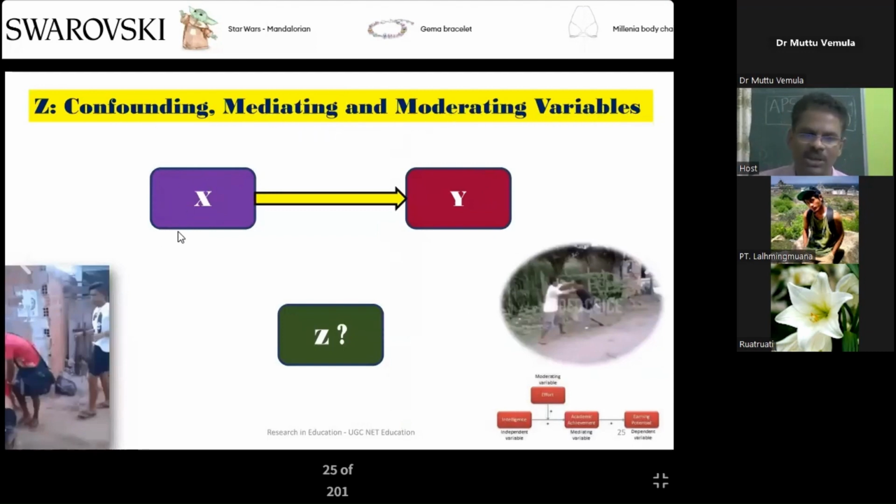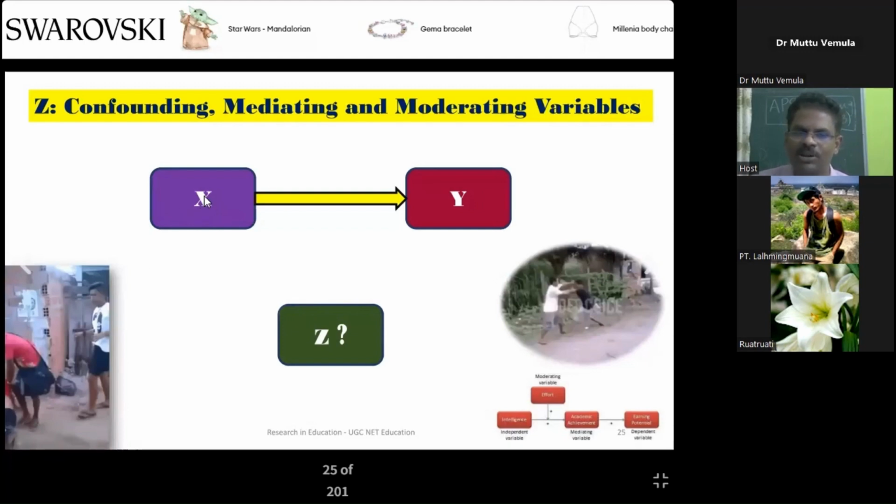Independent variable influence is studied on dependent variable in our research, but there are certain intervening variables that are compounding, mediating or moderating. Now what is important for us from the examination point of view is, what do you do with these controlling variables or compounding variables or intervening variables?